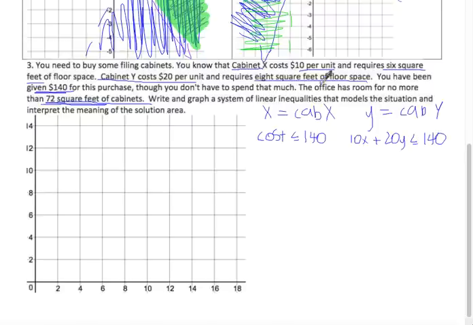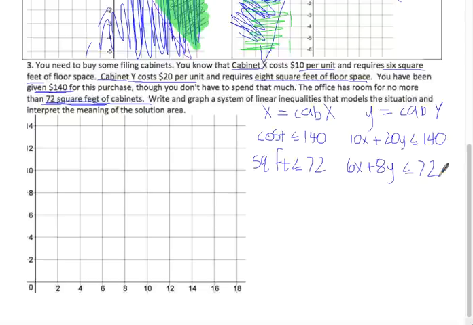And our other constraint is our floor space. So our square footage has to be less than or equal to 72. So then, since cabinet X takes 6 square feet, and cabinet Y takes 8 square feet, 6x plus 8y has to be less than or equal to 72.